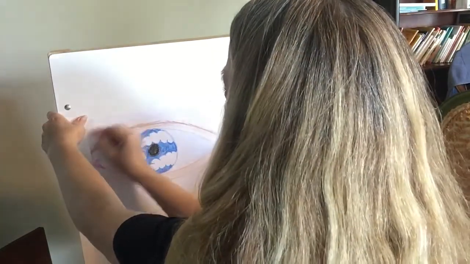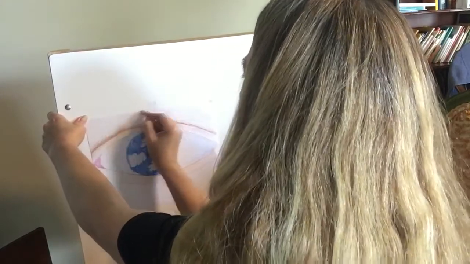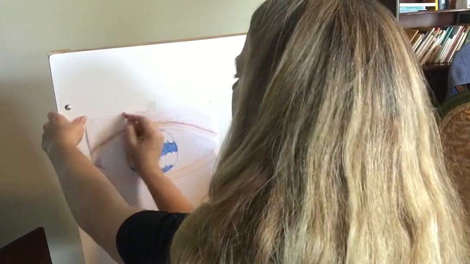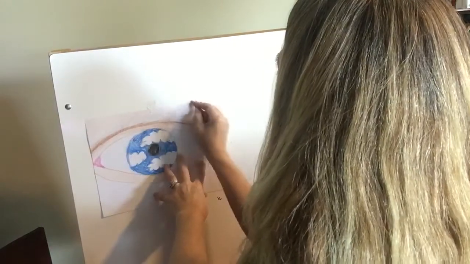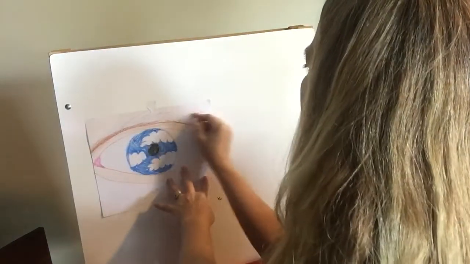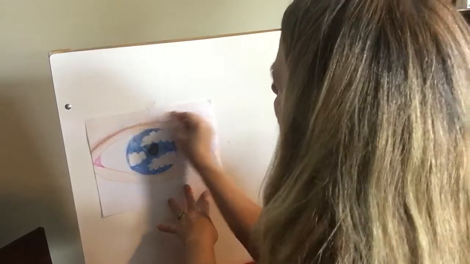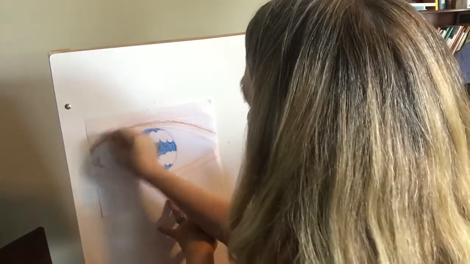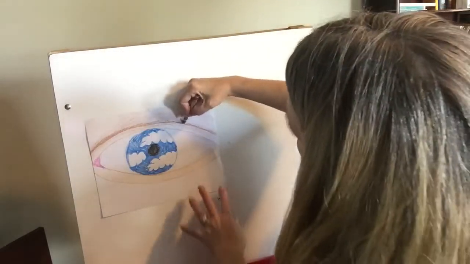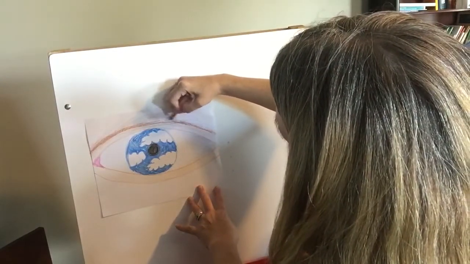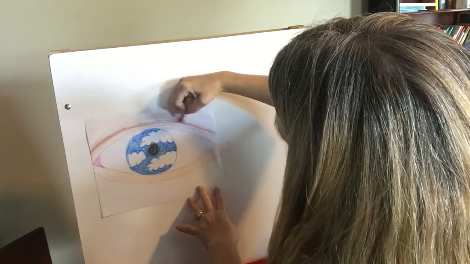Now you can use a darker color if you want to have a darker skin tone. That's perfect. I'm kind of making mine more like the original Magritte painting. So I'm using like a peach color, and I am using brown to blend the colors. I think that looks nice.